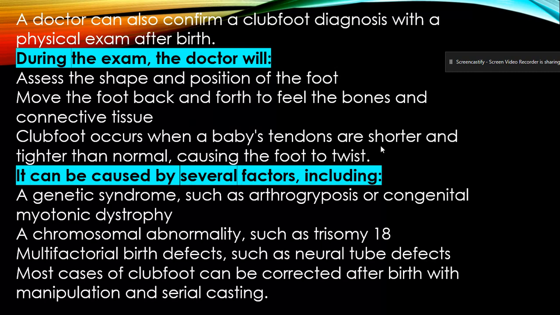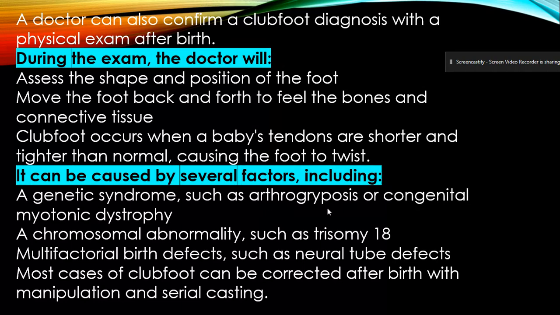Clubfoot occurs when a baby's tendons are shorter and tighter than normal, causing the foot to twist. It can be caused by several factors, including genetic syndromes such as arthrogryposis or congenital myotonic dystrophy, which is a kind of muscular dystrophy.